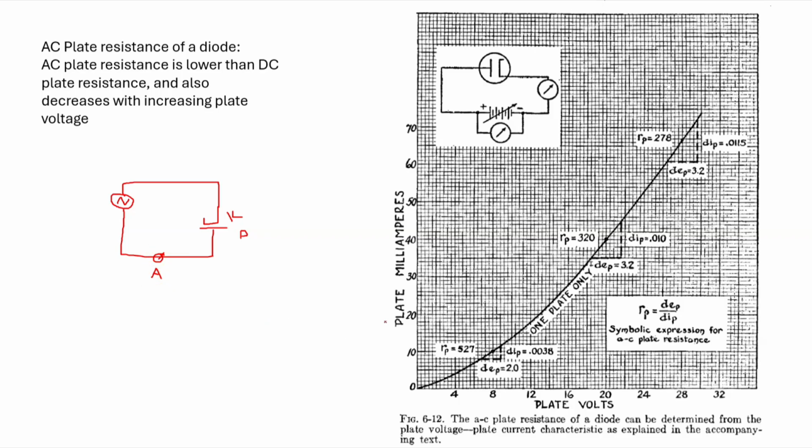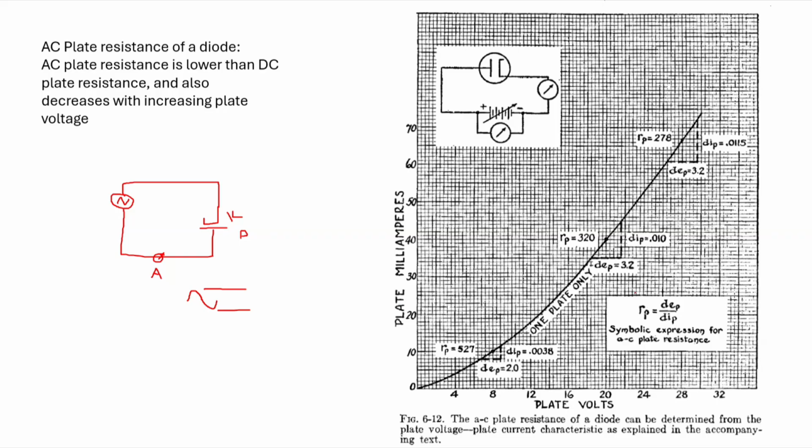Now with DC, we just pick a voltage. But with AC, our voltage is swinging between two values. So it's not static, it's not sitting there. Our plate voltage is not sitting at a single voltage. It's swinging between two values.